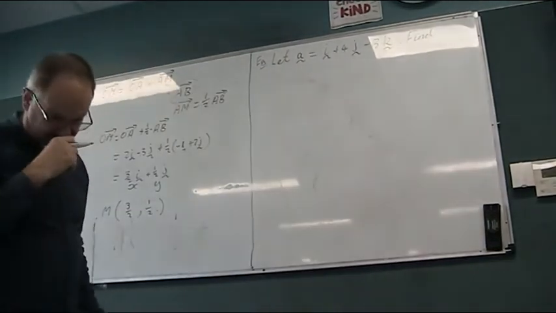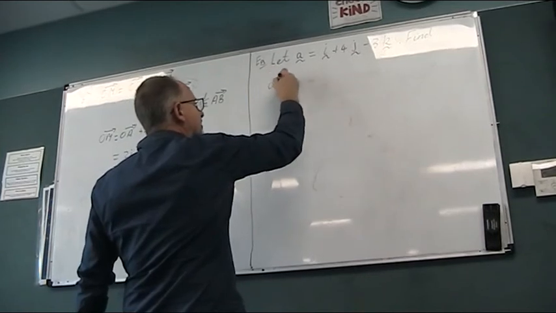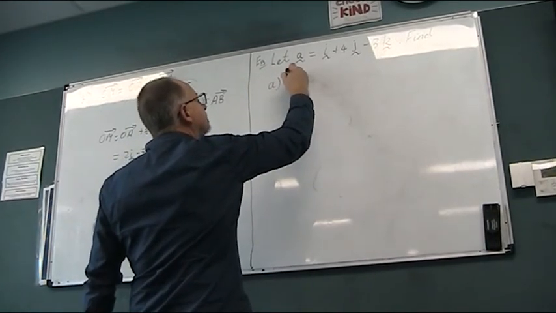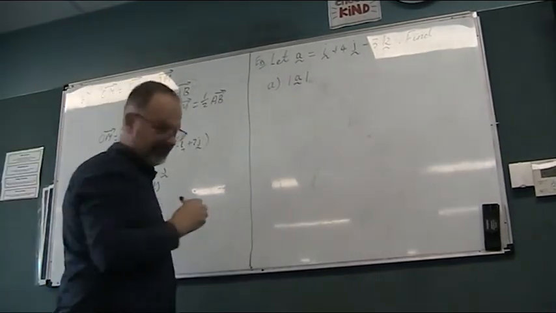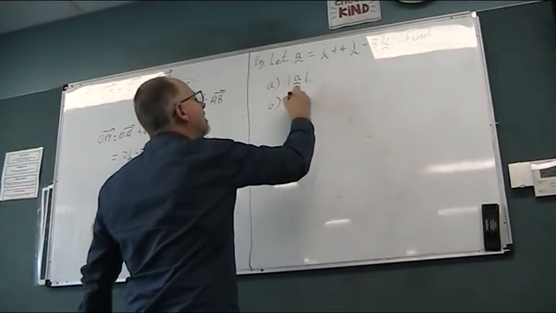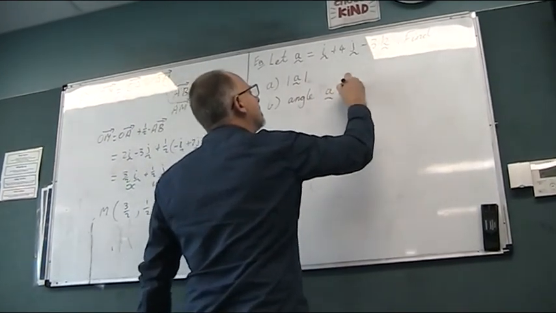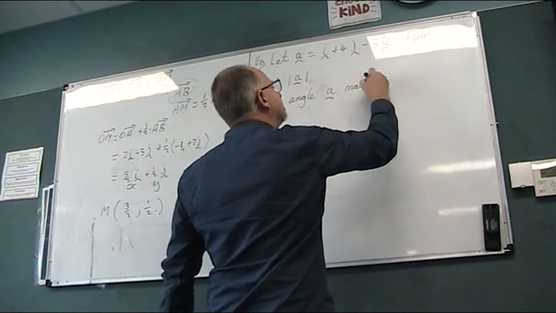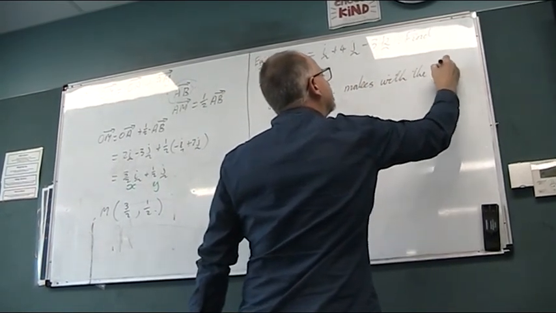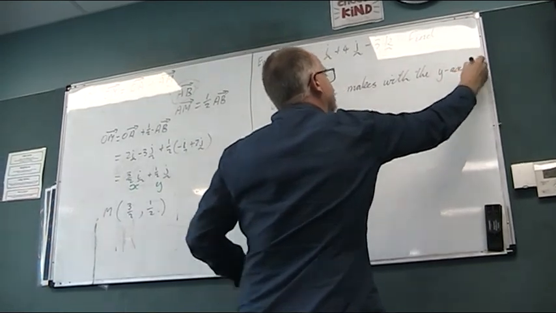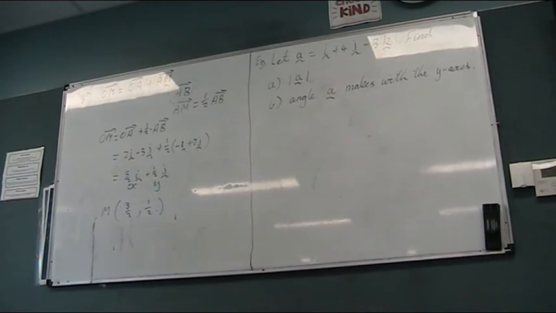So we've got a three-dimensional vector, and I want to find two things. I want to find its magnitude, and I want to find the angle that it makes with the y-axis.